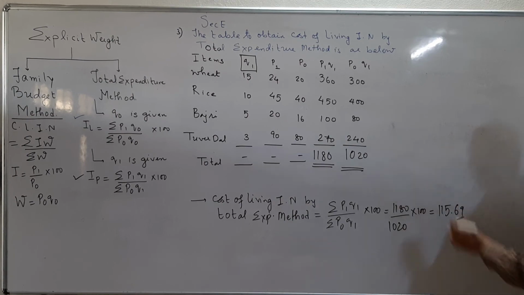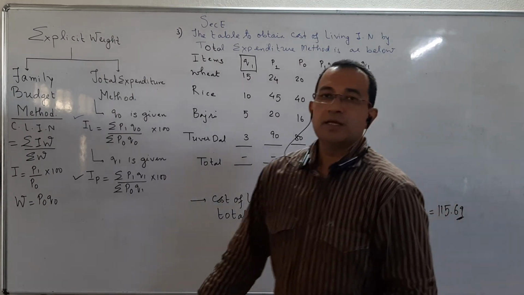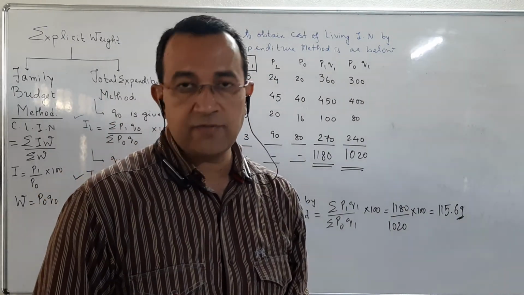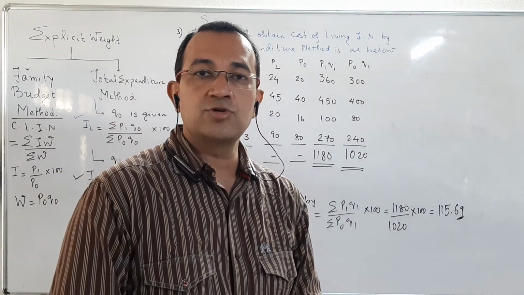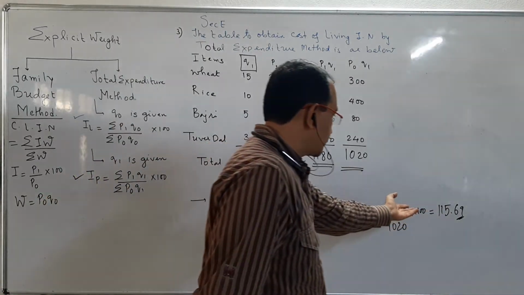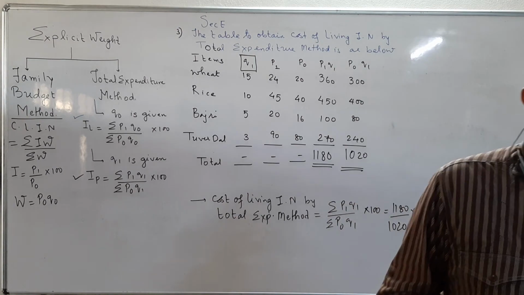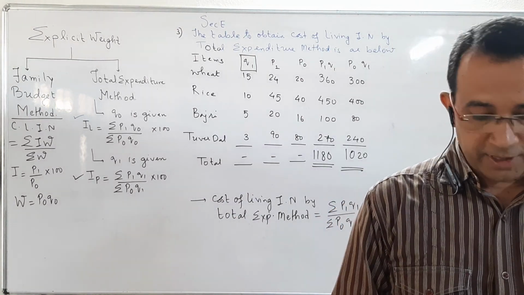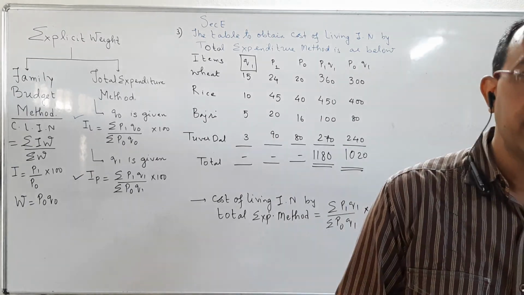So the cost of living index number by total expenditure method in this question is 115.69. If I want to interpret, then students, the increase in cost of living in the current year compared to the base year is 115.69 minus 100, so 15.69. This gives us the interpretation. That's all, students. This sum is done.